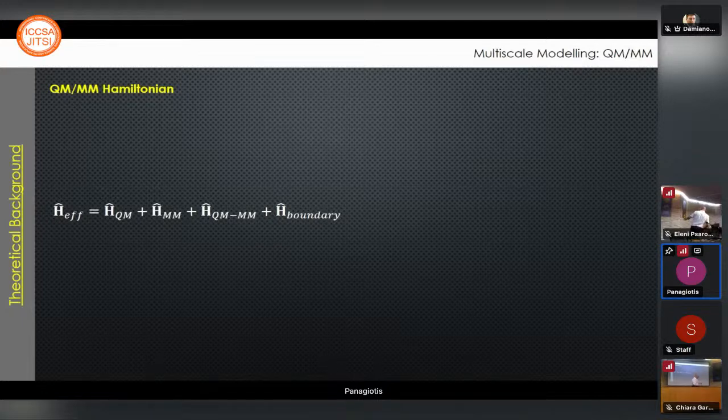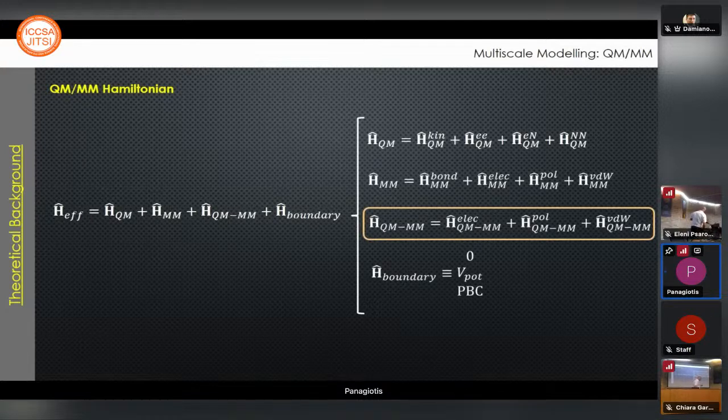So we have the independent QM and MM Hamiltonians, purely classical and purely quantum mechanical. Then we have the interaction between the 2 regions, and we have the boundary. And these are the expressions for each of these terms. We are interested just in this term here, the interaction between the QM and MM regions.